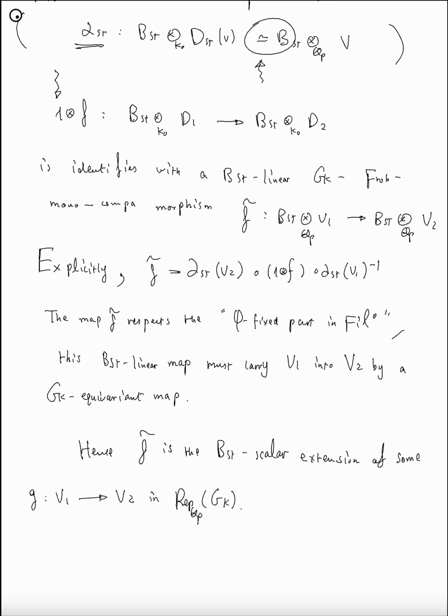Which means that you just start with this f tilde, and then you apply Fil^0, then you apply the fixed points under Frobenius, and then you apply monodromy.